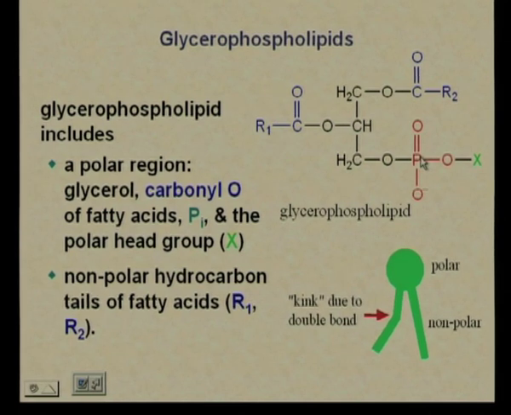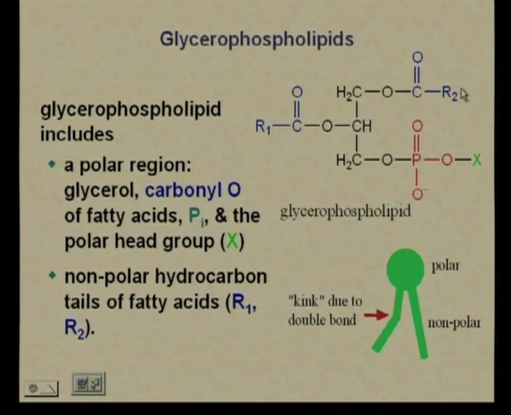Now, the phosphate again is esterified by this X group, okay, and this is where we can change the type of glycerophospholipid that we have. So, where can we make the changes? We have the basic structure of a glycerophospholipid, which is going to be the glycerol.